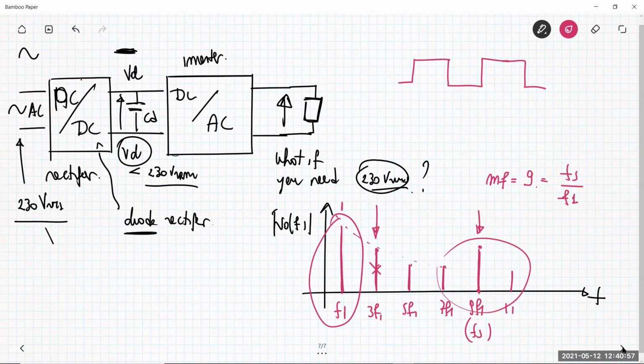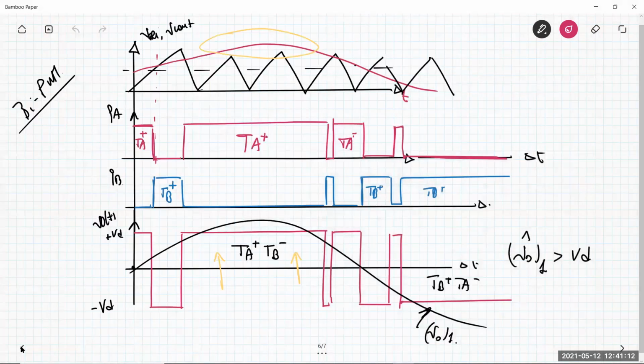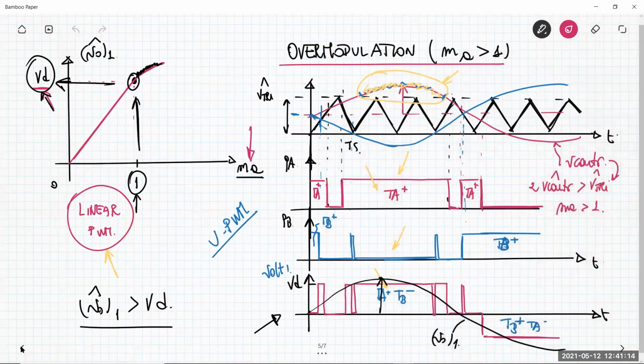Basically, the basic advantage is to have a fundamental component amplitude that is a little bit higher than what you can have in the linear range, higher than Vd. What happens if I continue to increase MA?